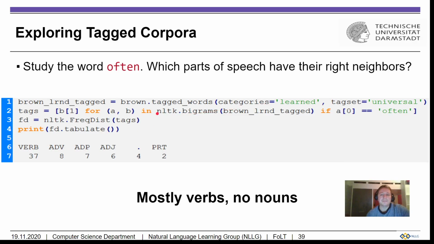Now we're going to make all the bigrams in our list of words, together with their part of speech tags. So these are just pairs of consecutive items, and those items are now words together with their part of speech tags.